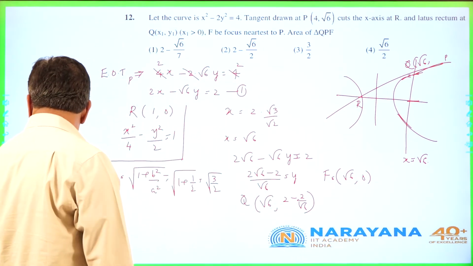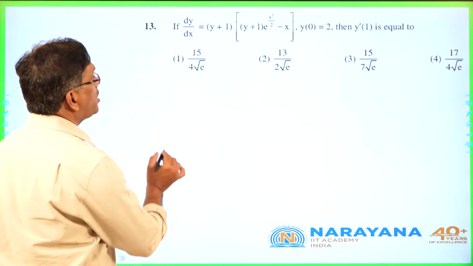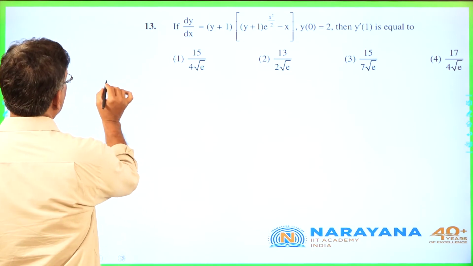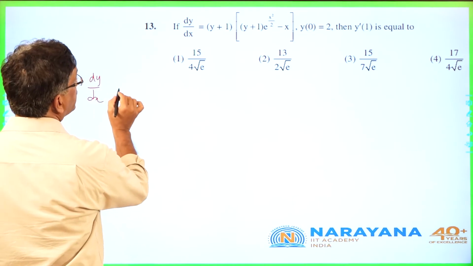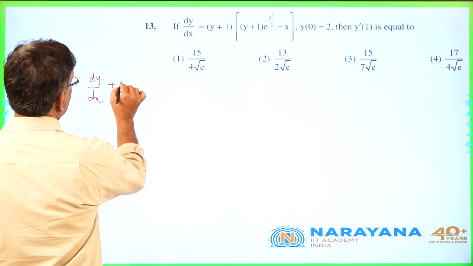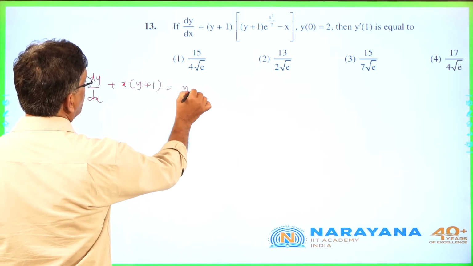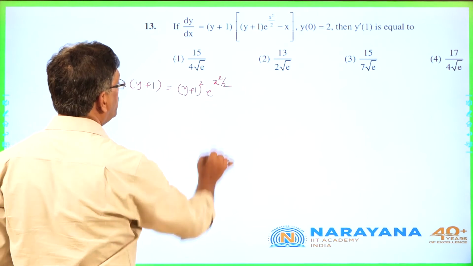Okay, let us go to the next one, the 13th one. dy by dx is equal to y plus 1, dy by dx plus x into y plus 1 is equal to y plus 1 whole square into this one.